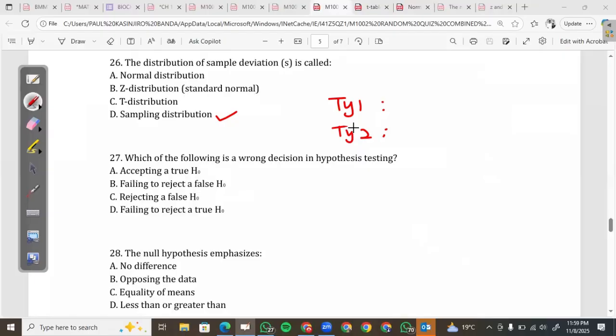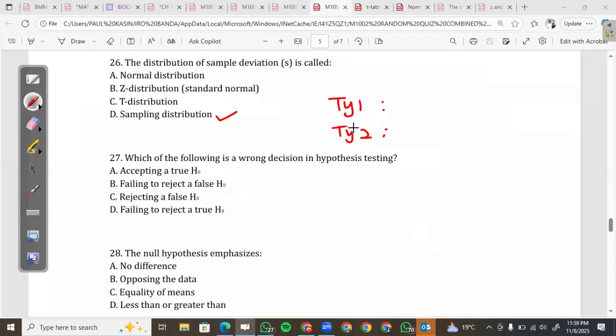Okay, type 1 error: accepting a false hypothesis. You're saying type 1 is accepting a false hypothesis. So in other words, what you said is correct.